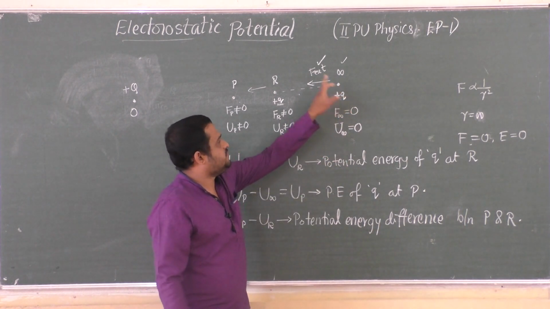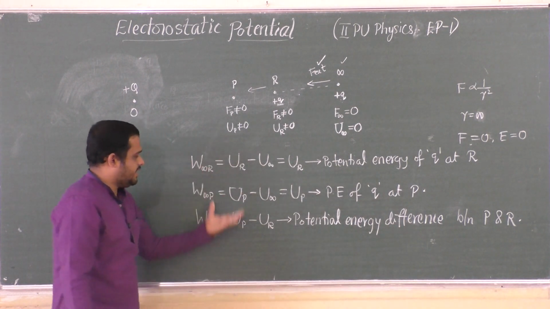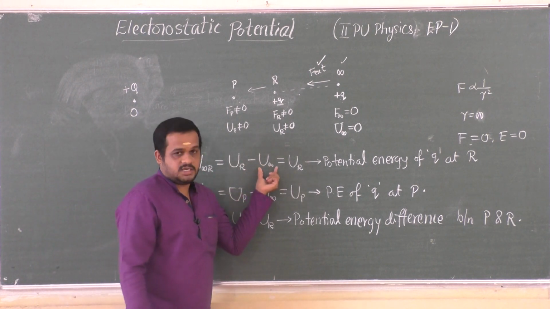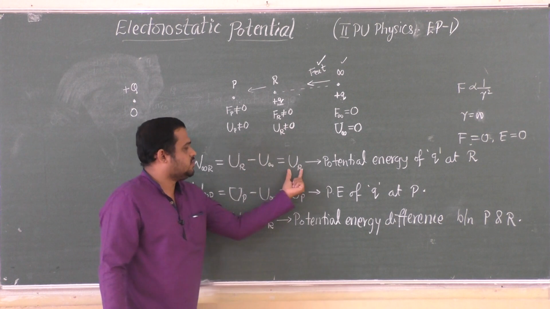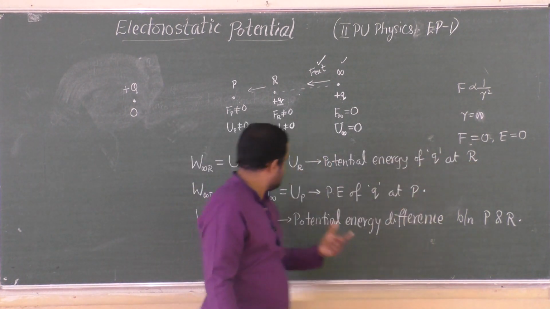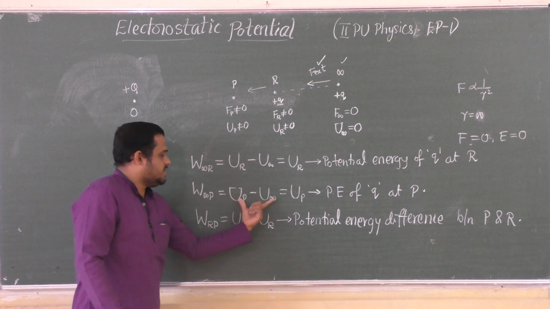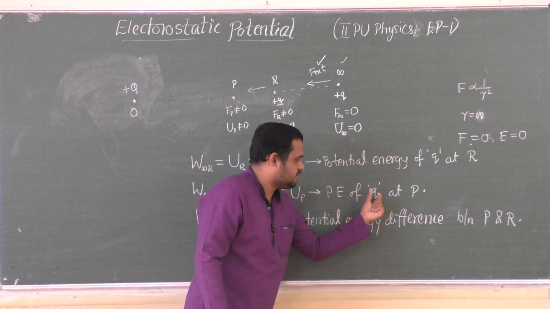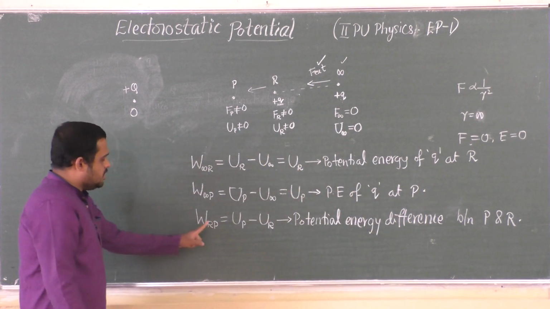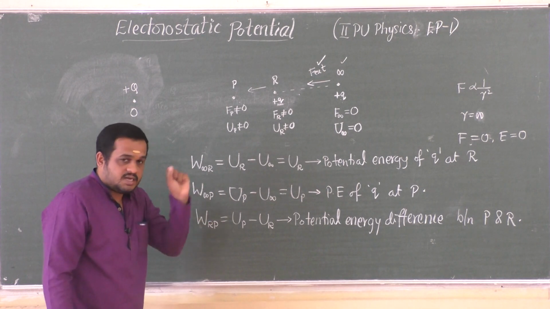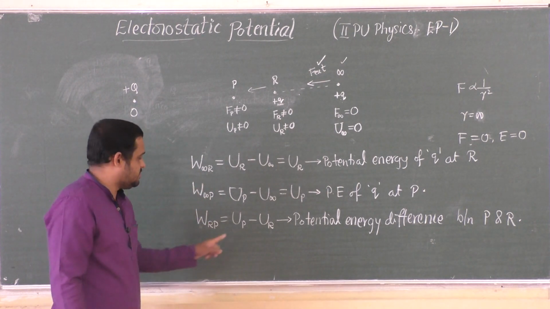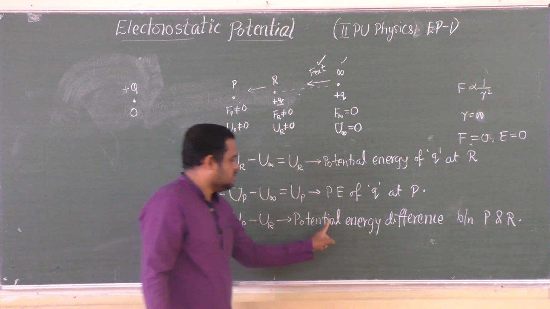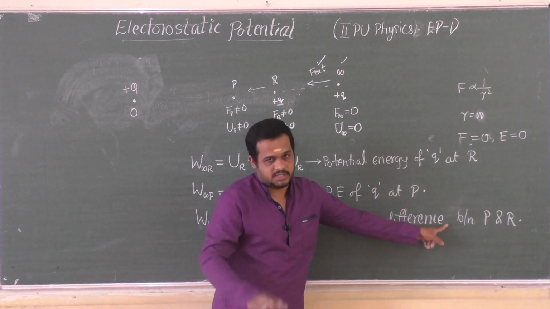So from this point, we shifted a charge with the help of an external force, and the expression for work done in each case: infinity to R, potential energy at infinity is 0, so the difference is equal to the potential energy at R. Infinity to P, one of the quantities is 0, therefore the difference represents the potential energy of Q at point P. WRP, if a charge is shifted from one point to another where potential energy is non-zero, under that condition the work done is equal to the potential energy difference or change in potential energy, one and the same.